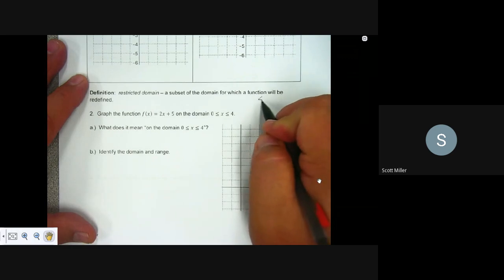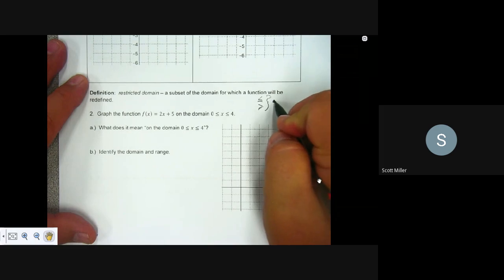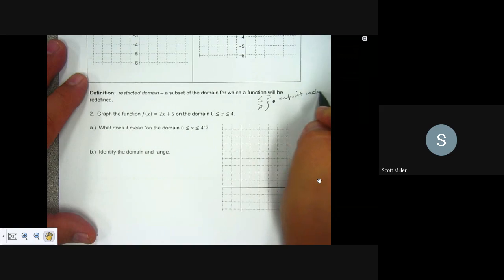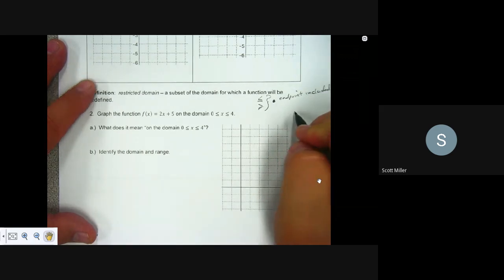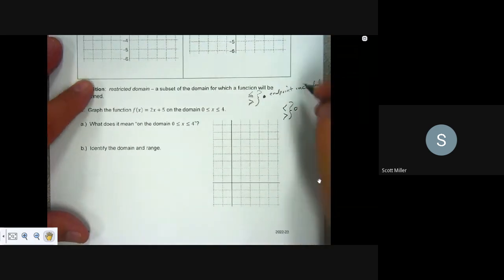If you do not know these symbols right here, in a graph, you're going to put a dot. It means the endpoint is included. If I have these other symbols, just the strictly less than or greater than, you will use a circle for that point, and it means the endpoint is not included.